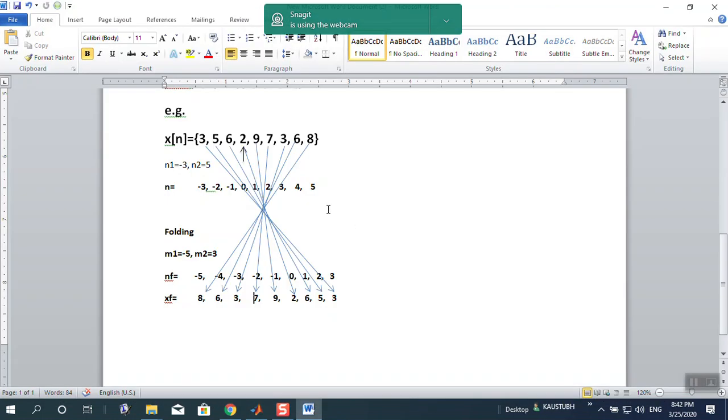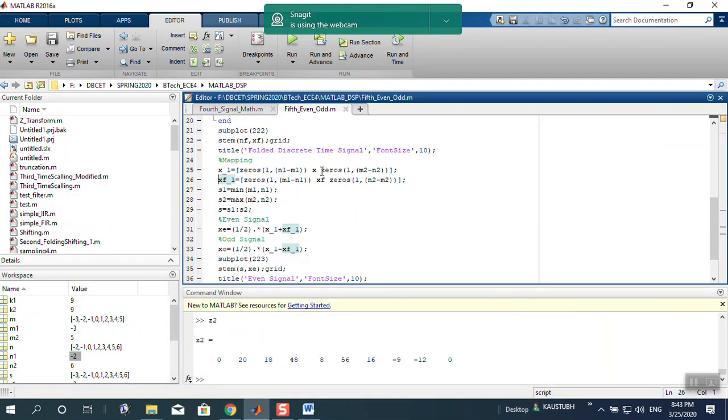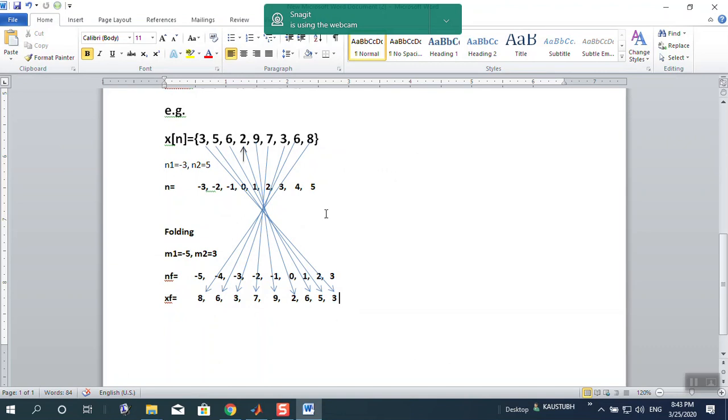And on this side, this ends at 5, but this ends at 3. So here you need to put 2 zeros, but here don't. But to make it generalized, you put this common zeros(1, m2 minus n2). So m2 is your 5, and n2 is your 3.